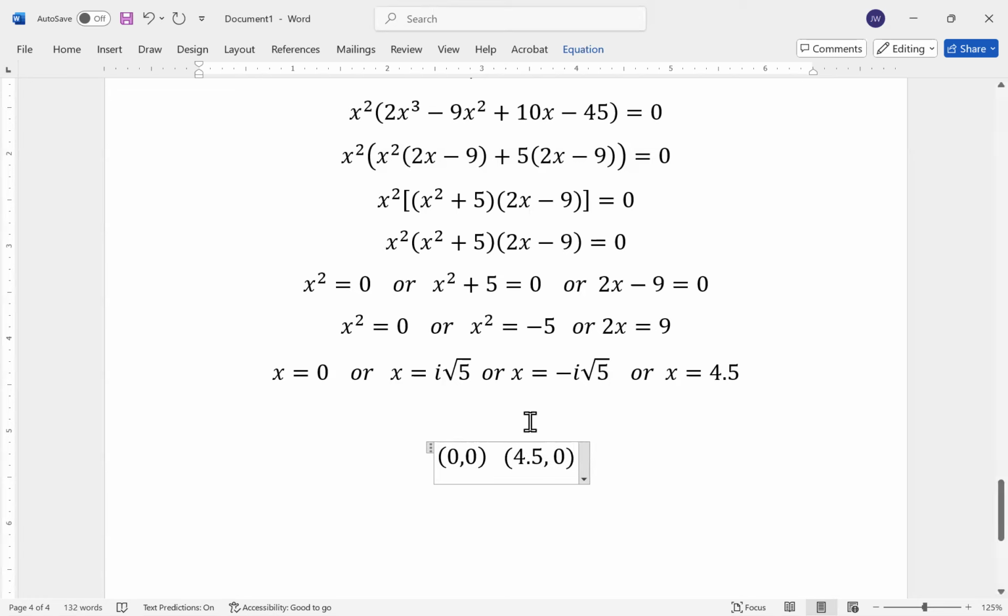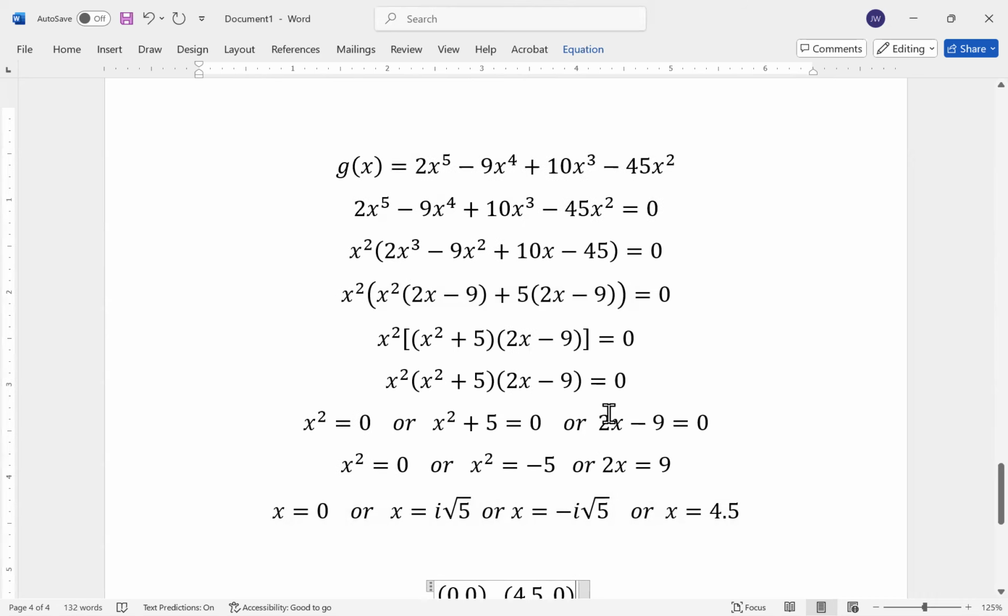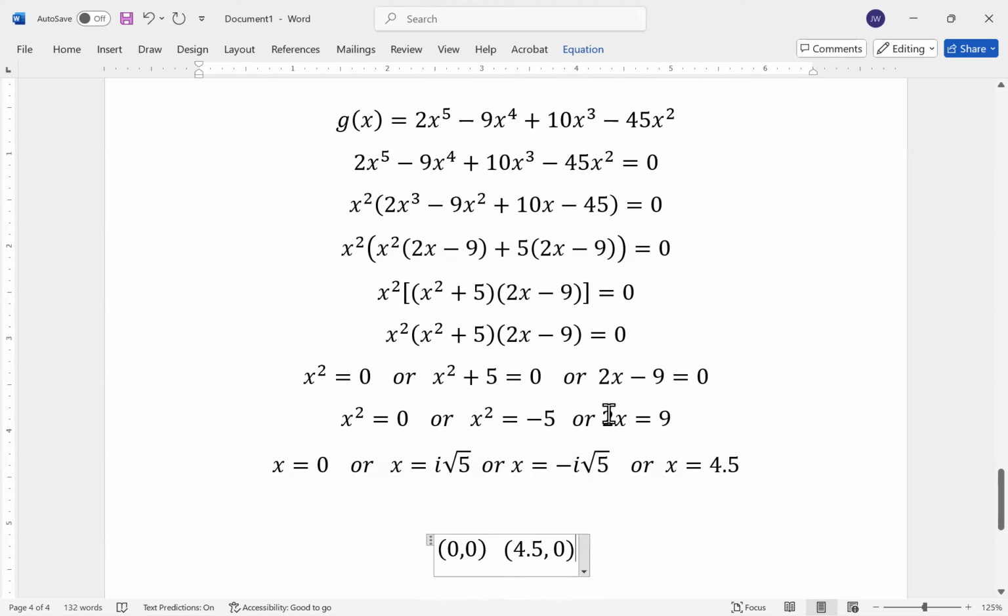Again, these imaginary solutions do not yield x-intercepts. So there we go. We get 2 x-intercepts out of this polynomial function of degree 5.